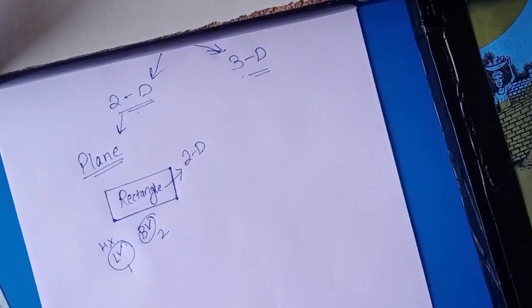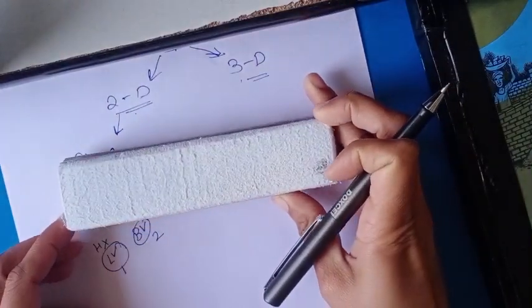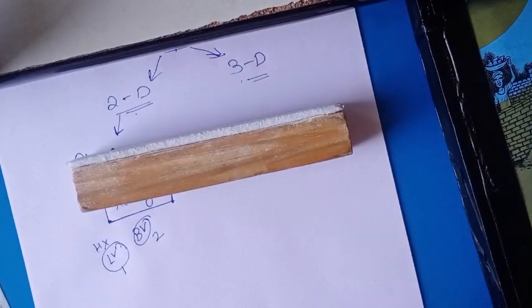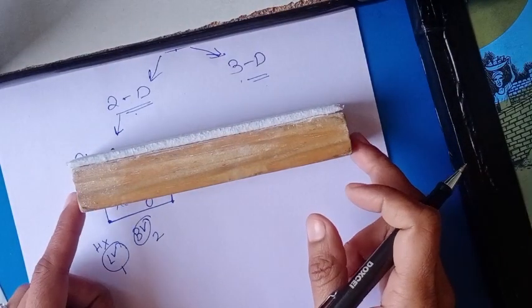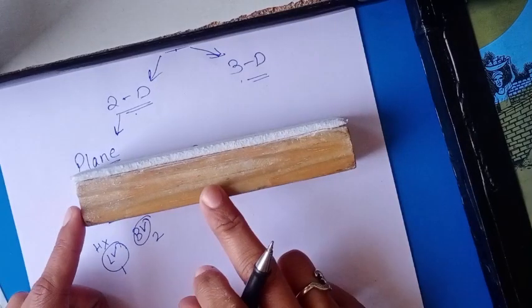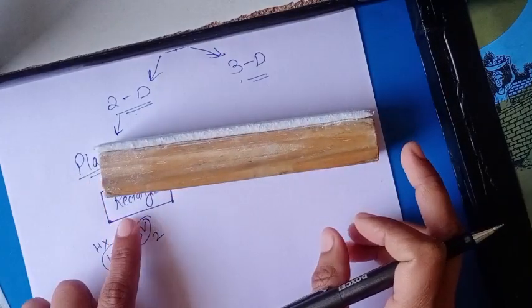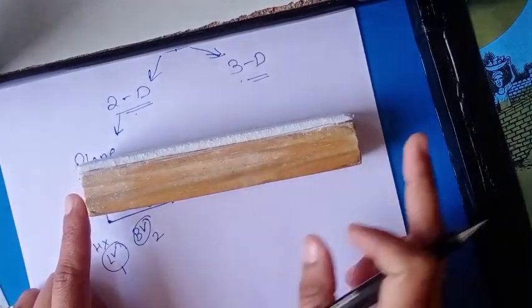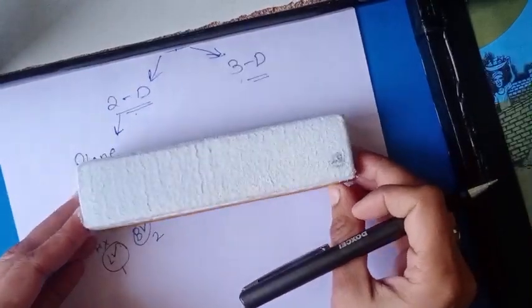Now suppose we have this shape. This is a duster. Now we will discuss another shape. We already discussed the 2D shape. Now we will discuss a 3D shape. Can you tell me what shape this duster is?